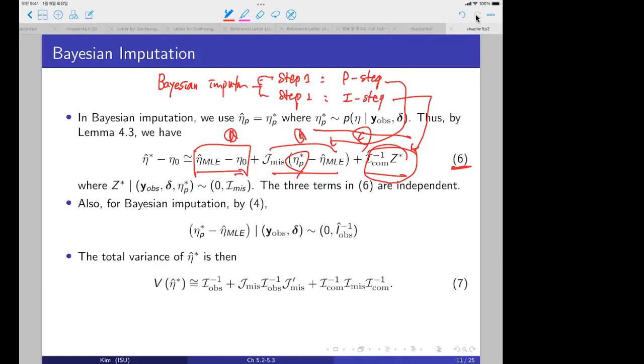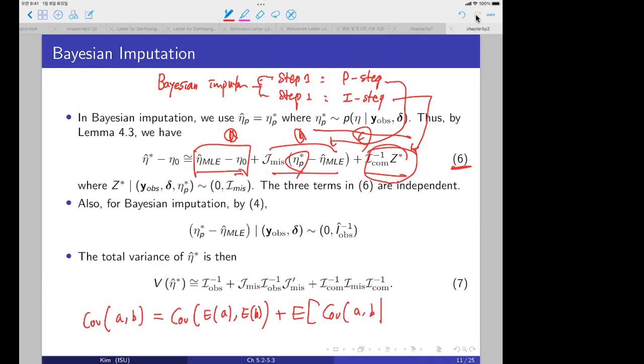If you consider the covariance, A is a constant with respect to the posterior step. The covariance between A and B, with two randomness, is expectation of A times expectation of B plus the expectation of the conditional covariance.